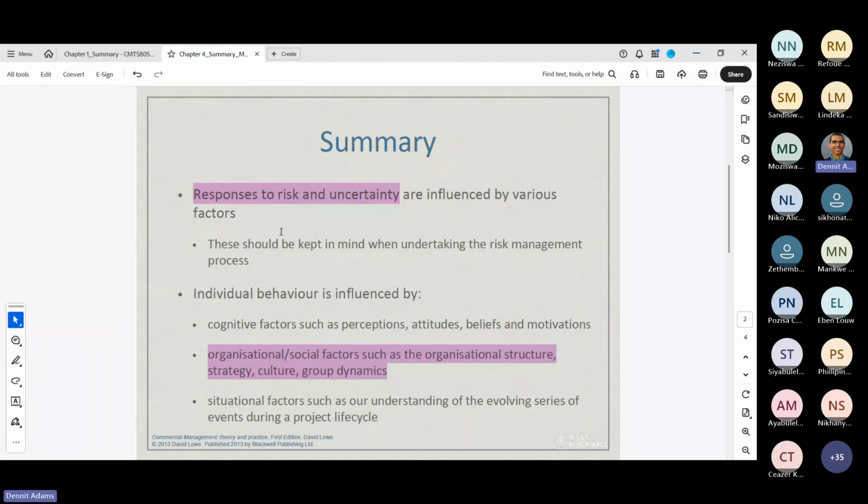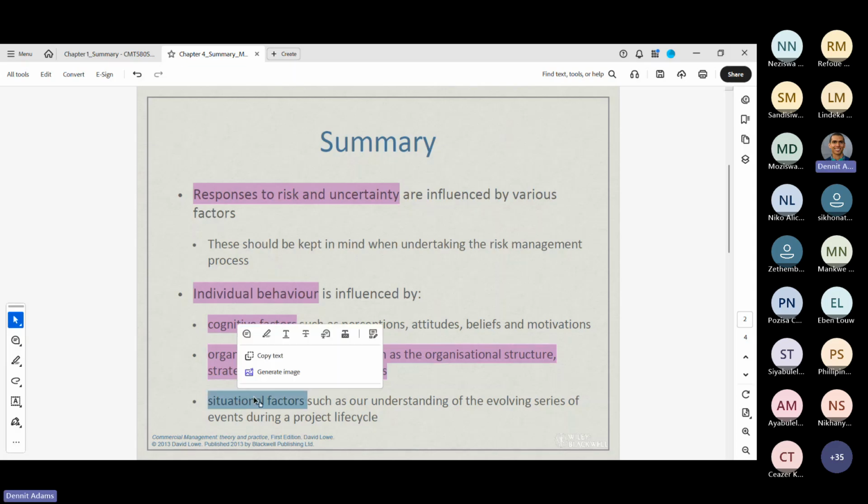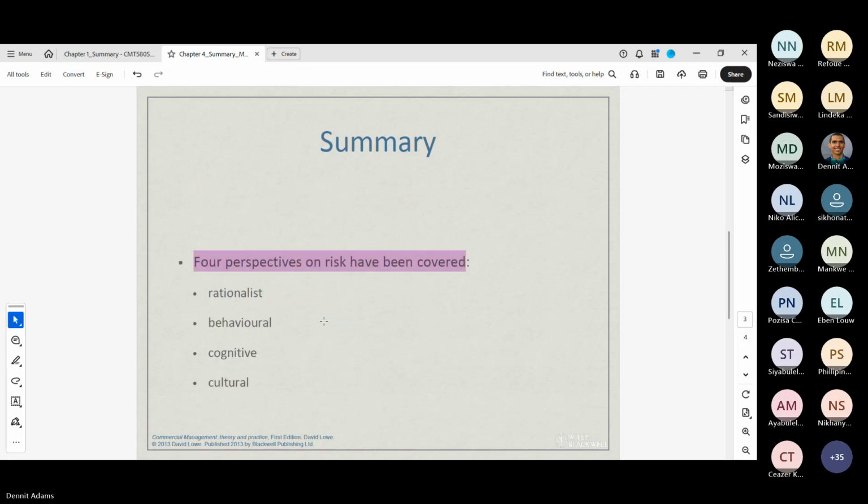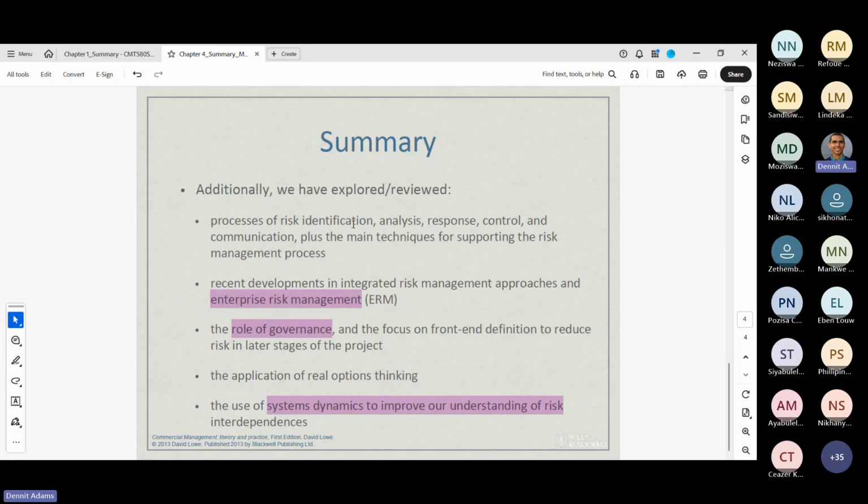You need to talk about responses to risk and uncertainty, individual behavior. We spoke about these cognitive factors, if you can remember. We spoke about organizational factors, situational factors, the 4 perspectives on risk. You need to know these. We reviewed risk identification, analysis, and response and control with the different frameworks.